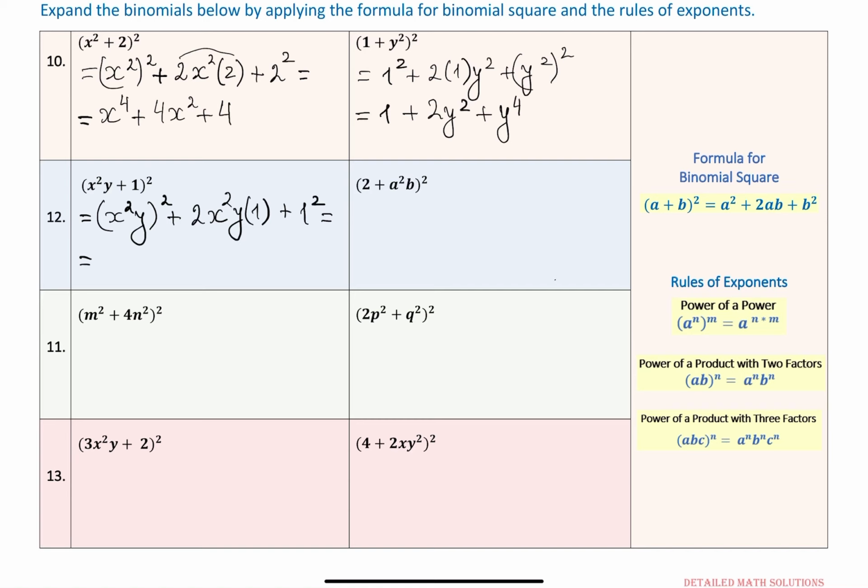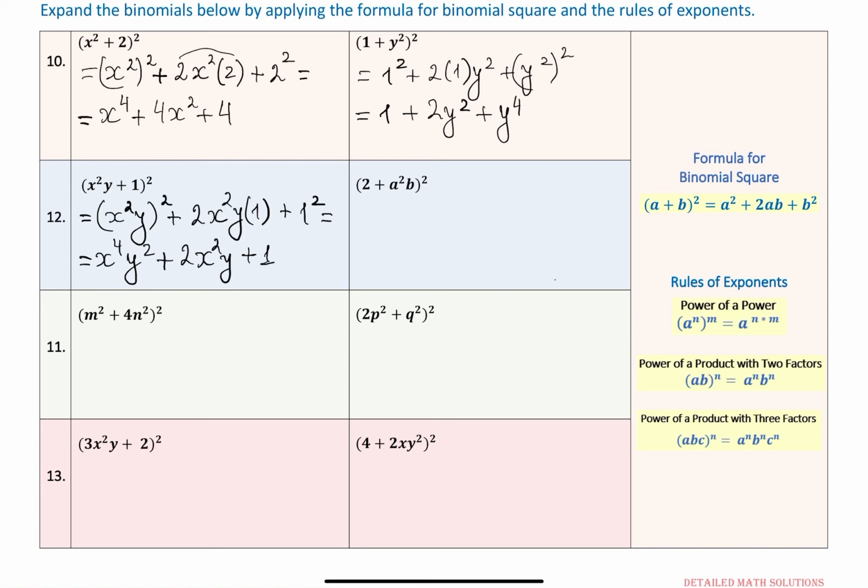We can simplify it by using the power of a product with two factors and distribute the exponent 2 to each factor. In other words, x² becomes x⁴, y becomes y², plus 2 times x²y plus 1.